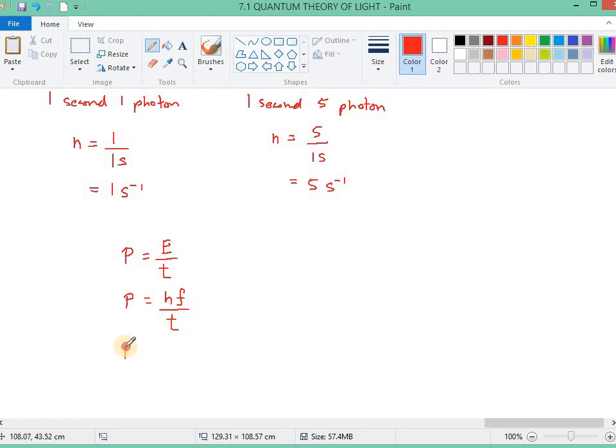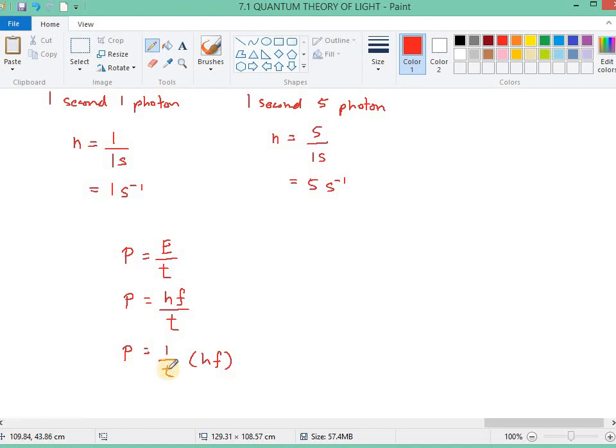Now we separate this per time. This 1 per time can be substituted with n, because n is the number of photons per 1 second.